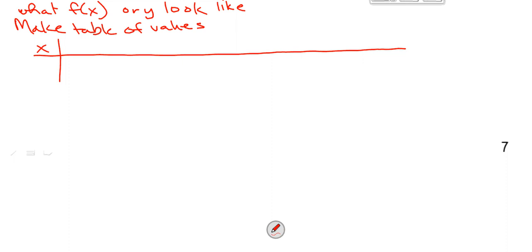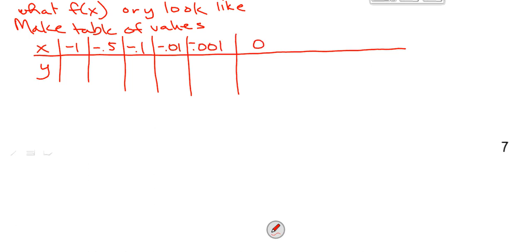So I'm going to make an xy table, and I'm going to have x be -1, then -0.5, then -0.1, then -0.01, and then -0.001, and then I'll have my 0 placeholder. Notice I'm getting very, very close to 0 for my x values, and then I'll go positive from very close.